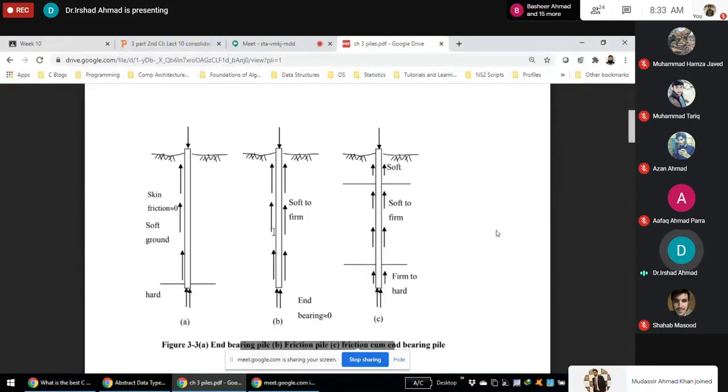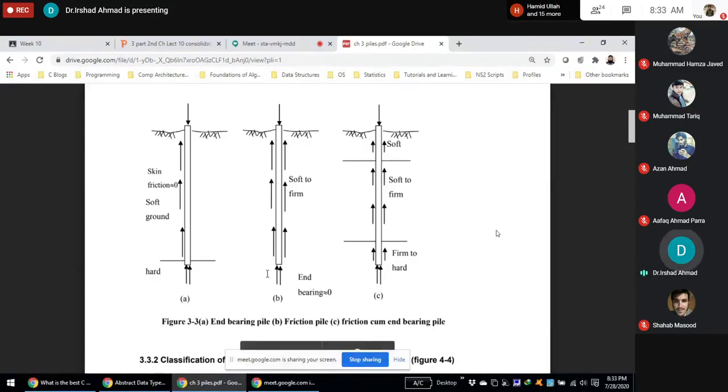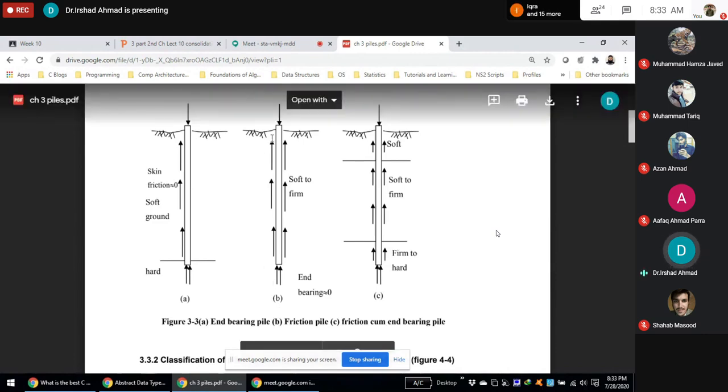On the other hand, if you don't have any hard stratum at the end and you have soft to firm soil around the pile, then you can, on the contrary, ignore the end bearing, right, and rely only on the skin friction from the sides.